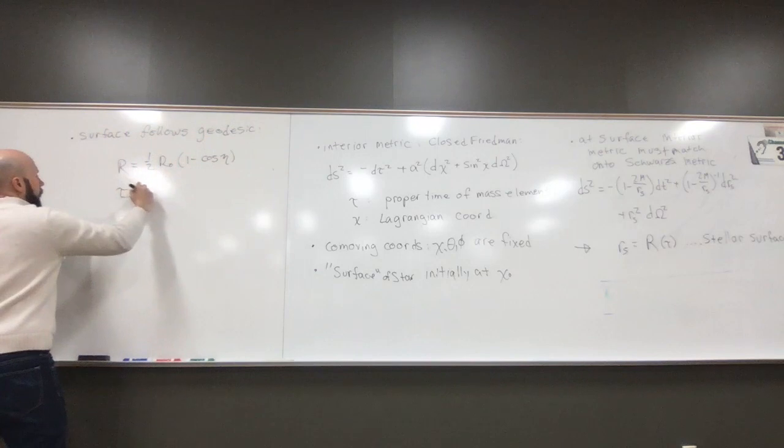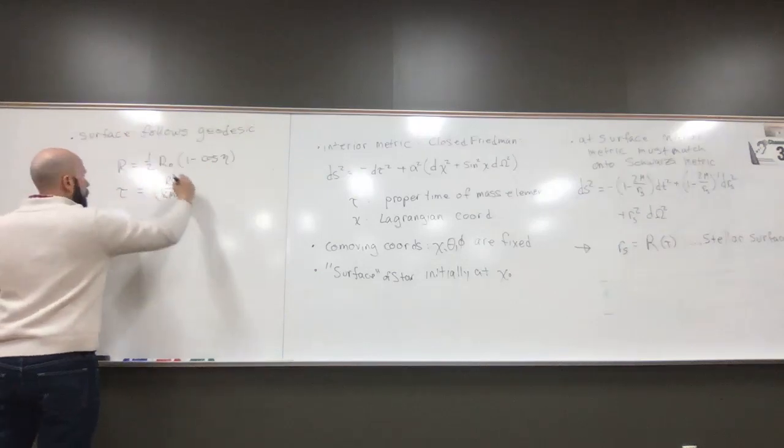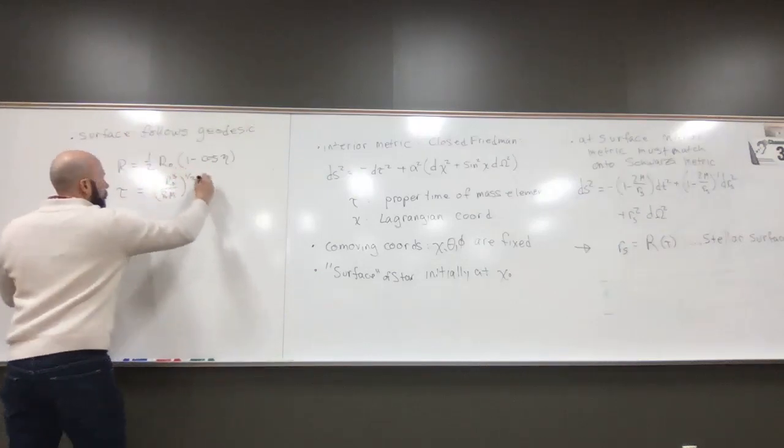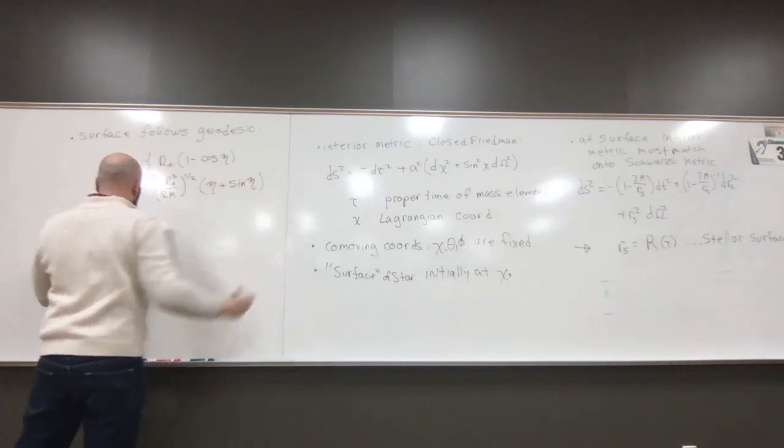The proper time goes like r naught cubed over 8m to the 1/2 times eta plus sine eta.